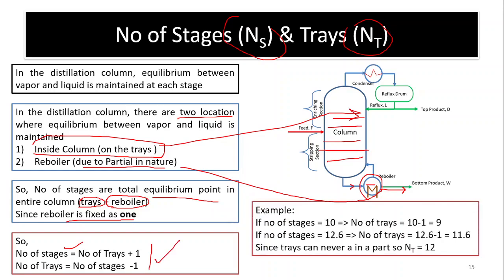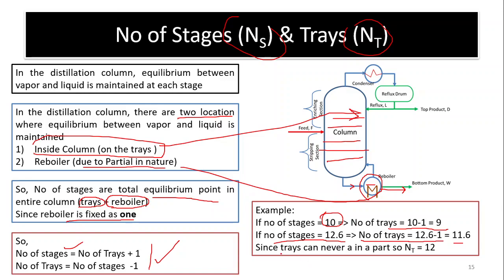Let us take an example. Suppose the number of stages is 10, it means the number of trays is 10 minus 1, that is 9. Suppose the number of stages is 12.6, which is possible because we have gone through McCabe-Thiele and seen that it is not always a whole number; sometimes it is a fractional value also. So what will be the number of trays? The number of trays will be 12.6 minus 1, that is 11.6.